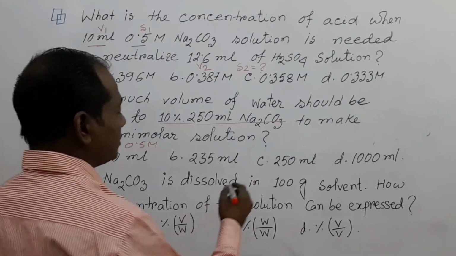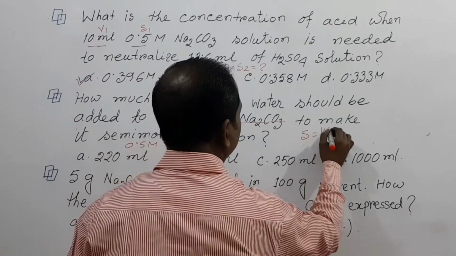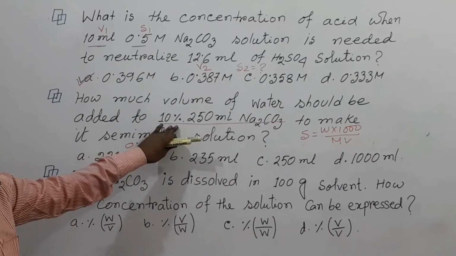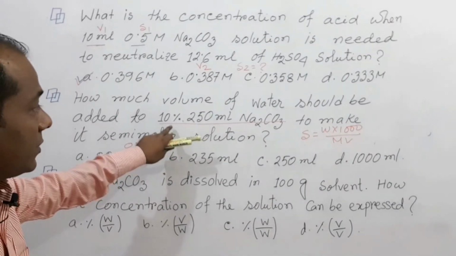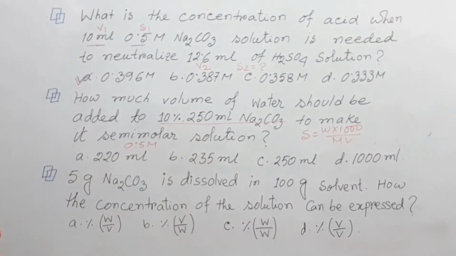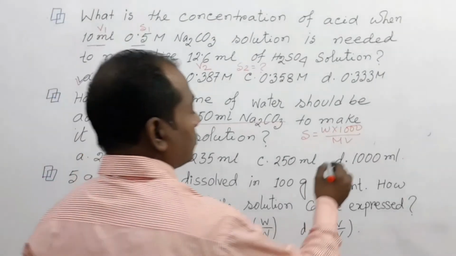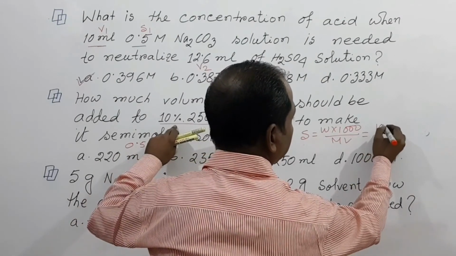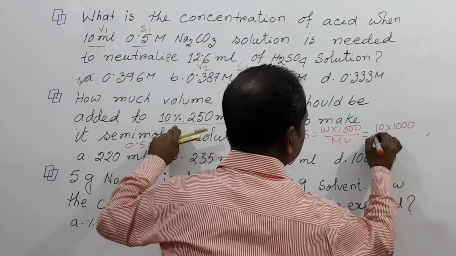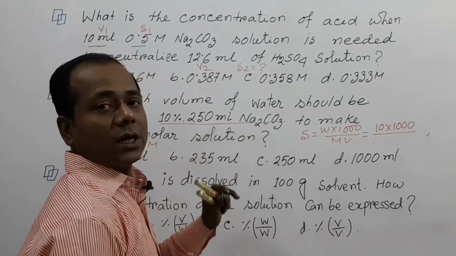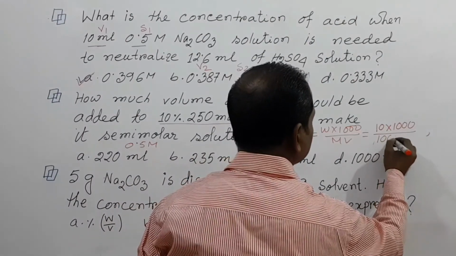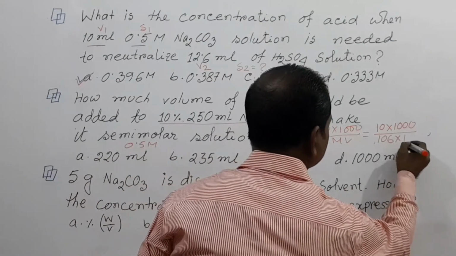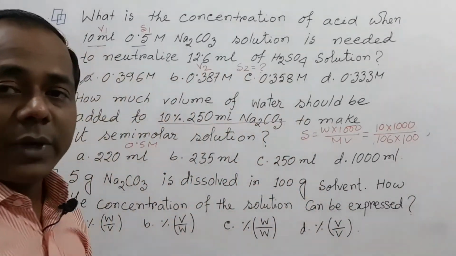My dear students, here we see that concentration S equal to W into 1000 divided by MV. For 10% sodium carbonate solution, here given 10%. If percentage is given, then we write like this: 10 gram into 1000 divided by molecular mass of sodium carbonate is 106, and the volume is 100 ml, because here given the percentage.